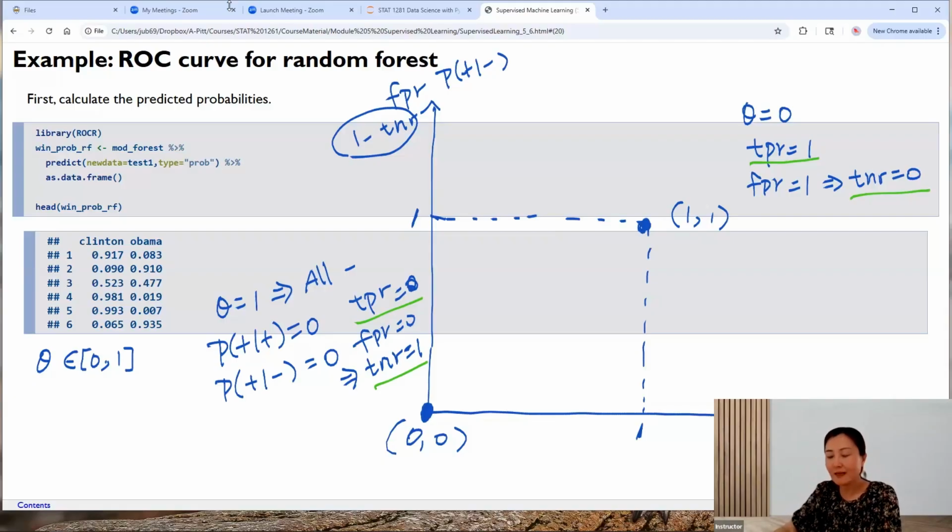So two extreme cases correspond to two extreme cases for theta, the threshold. And anywhere in between will be some model that will have a non-zero true positive and non-zero true negative. And now consider this point. At this point, let's see what happens.